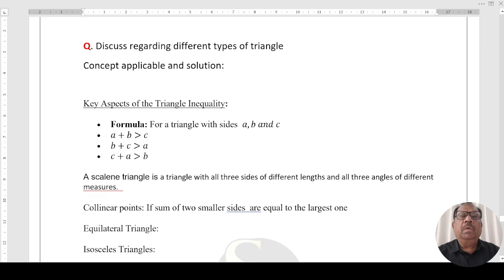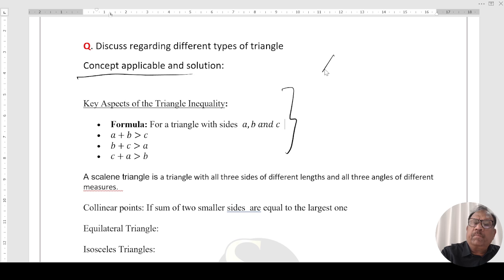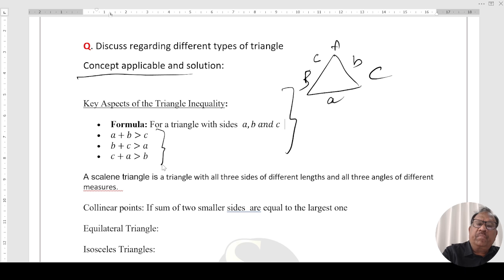Question is, discuss the different types of triangle and the concepts applicable in the solution. For 3 points A, B, C, let the side opposite to angle A be a, opposite to B be b, and opposite to C be c. If the sum of any two sides is greater than the third side, a triangle is possible.